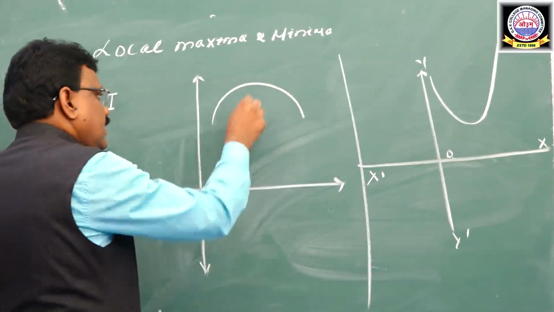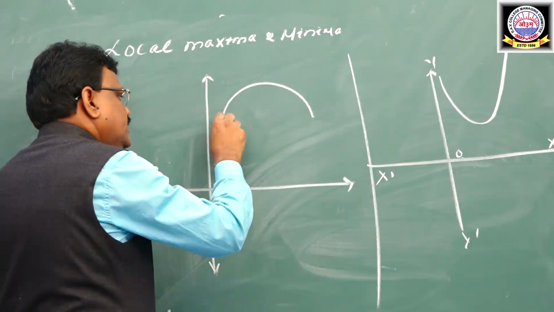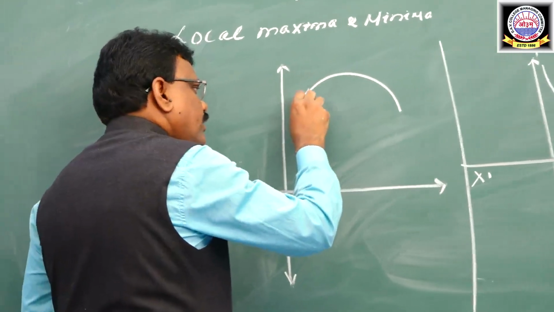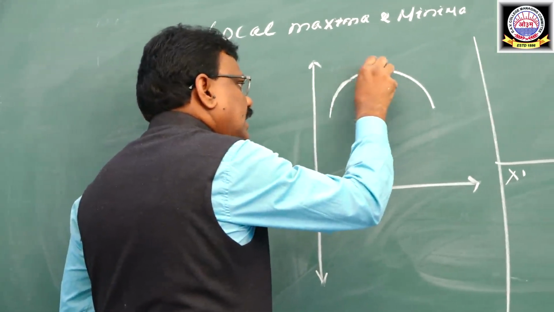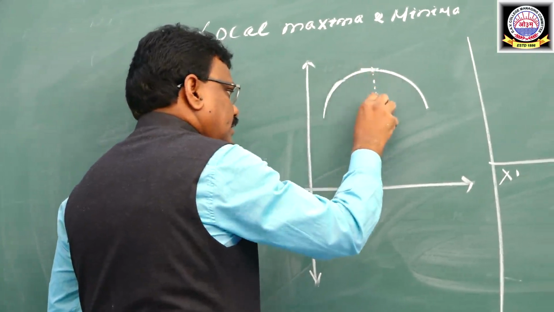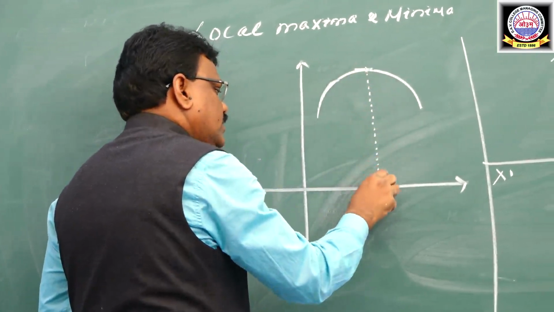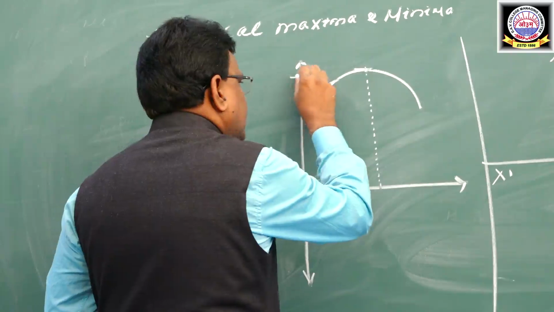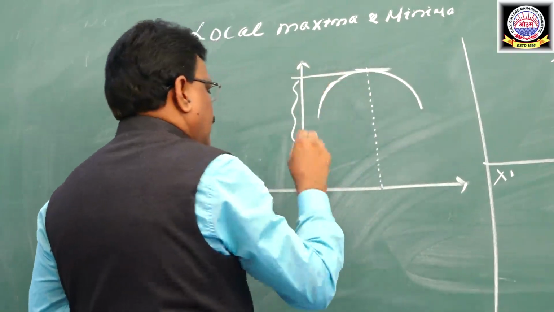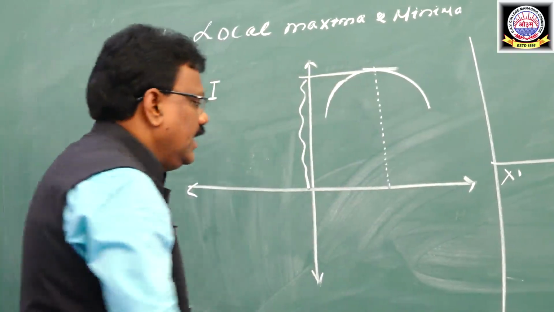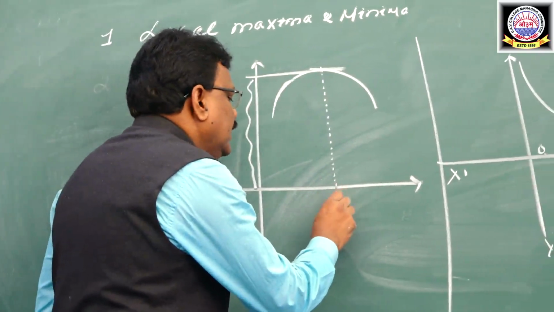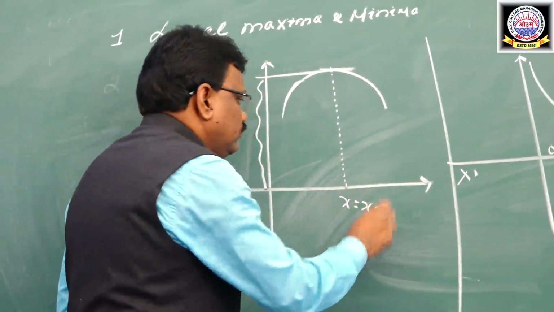And you see, if you check the graph, the maximum value is attained here. Here the value of the function is maximum. And what is this maximum value? Now this is the maximum value. And let this maximum value be attained at x equal to x0.